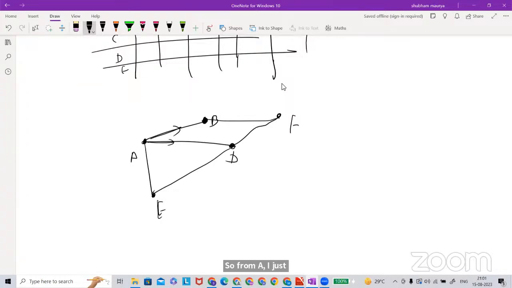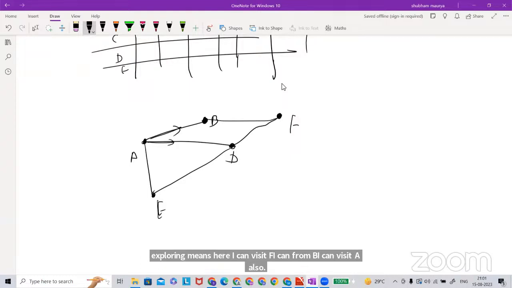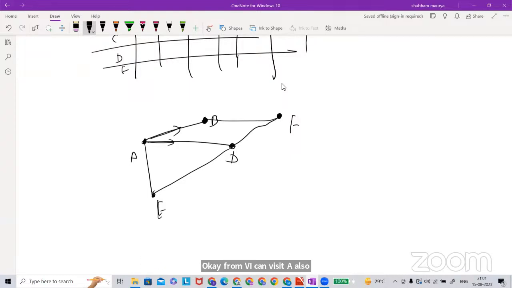Once we start exploring B, I can visit F, and from B I can visit A also, but we have already visited A because we started from A. We are only concerned with what is not visited, so from B I can visit F. Now let me tell you what the label is.